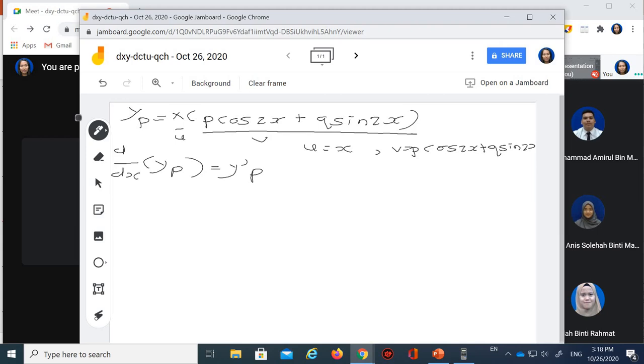So u prime is du/dx, you have 1, and then your v prime, p is constant, you differentiate cos 2x, you get negative sin 2x. Then q sin 2x: differentiate sin is actually positive cos, so you get 2q cos 2x.